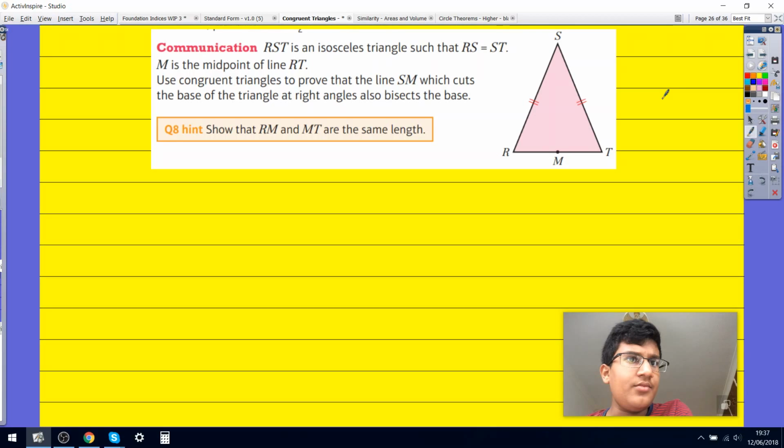RS equals ST. It's quite easy. Shared side, these two you're told are the same, and these two are the same because it's the midpoint.